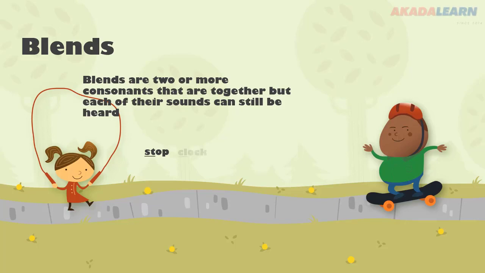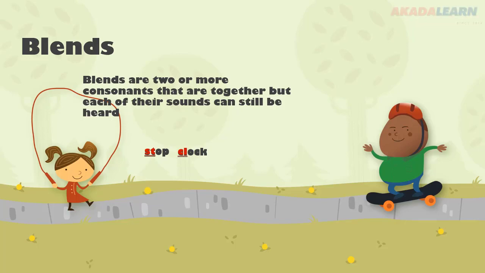So in the word clock you have the C and L making the K and L sounds. Together it's making a cl sound. So in the words stop and clock, the blends are ST and CL, okay, because the consonant letters are together.